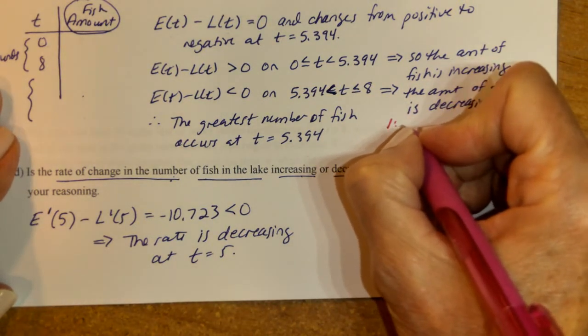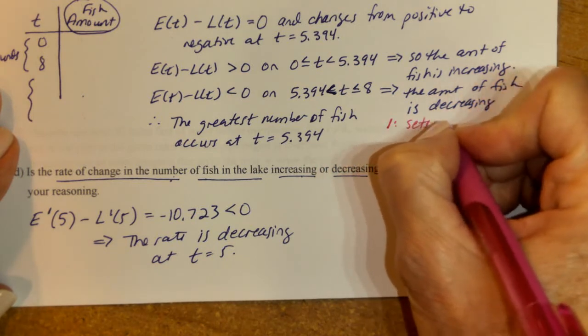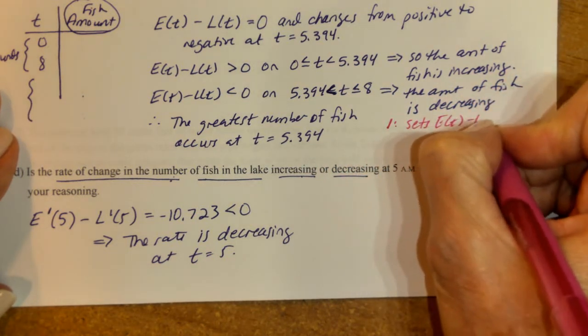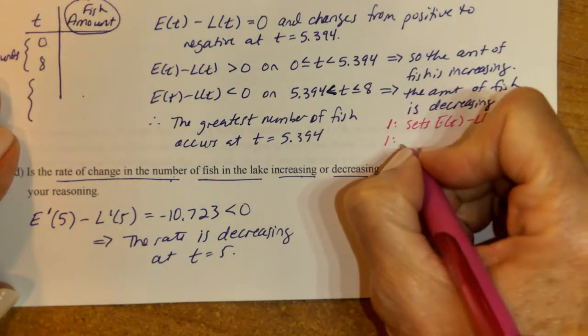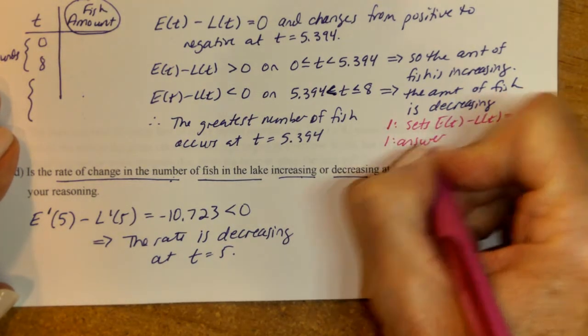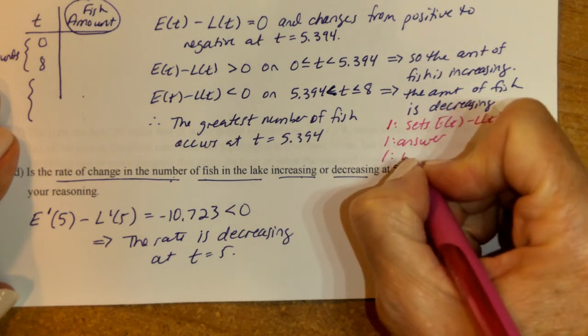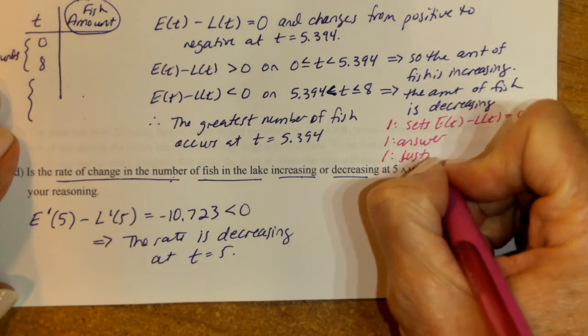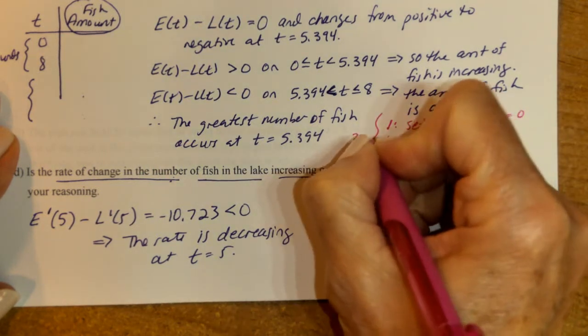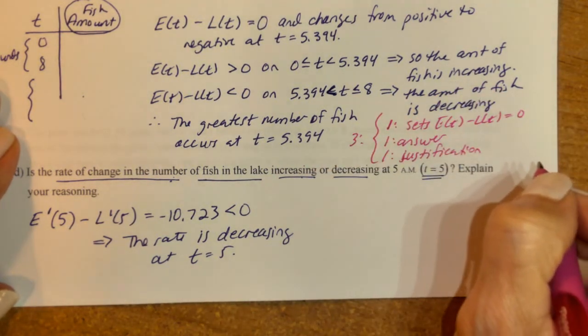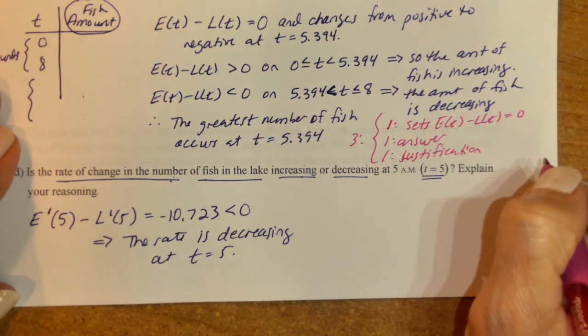This was worth 3 points. 1 point for sets E minus L equal to 0. 1 point for the answer, 1 point for the justification. An absolute max problem is almost always worth at least 3 points.